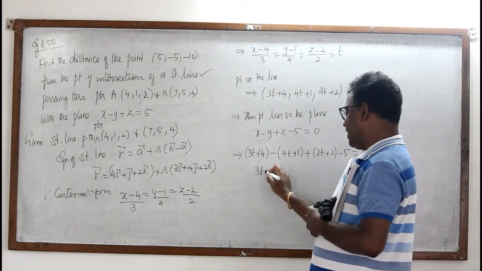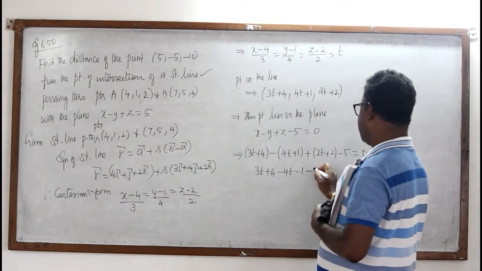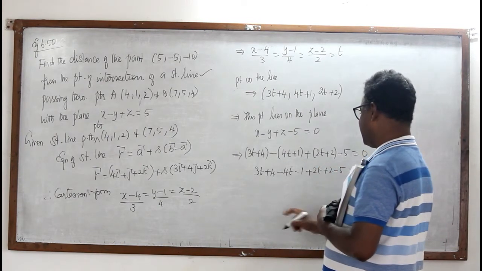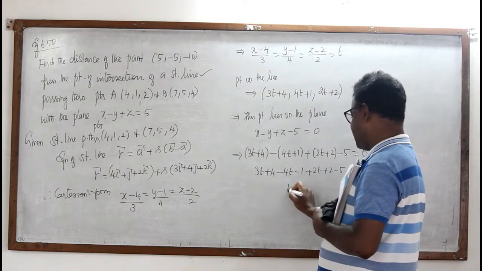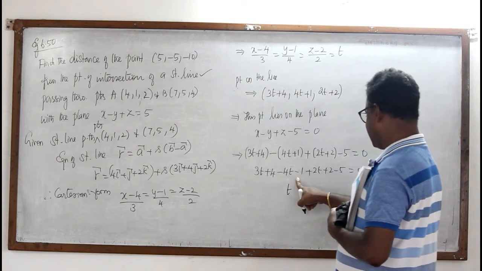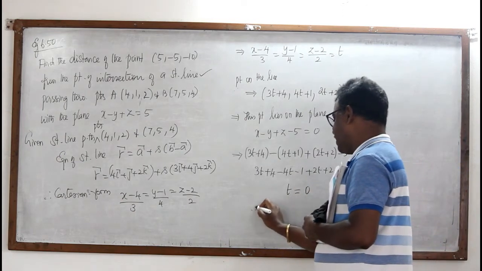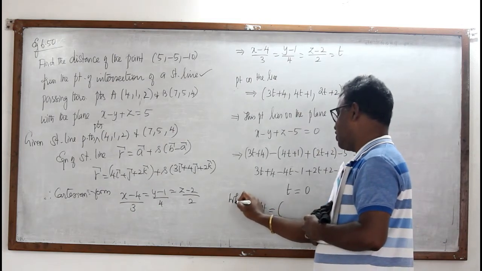So first I'll find t now. 3t plus 4 minus 4t minus 1 plus 2t plus 2 minus 5 equal to 0. 3t minus 4t plus 2t is t. 4 minus 1 is 3, 3 plus 2 is 5, 5 minus 5 is 0. Therefore, the equation is t equal to 0.